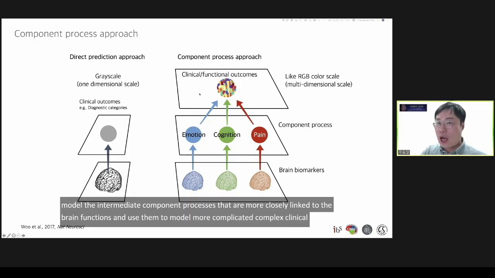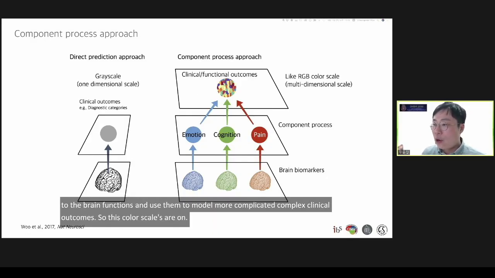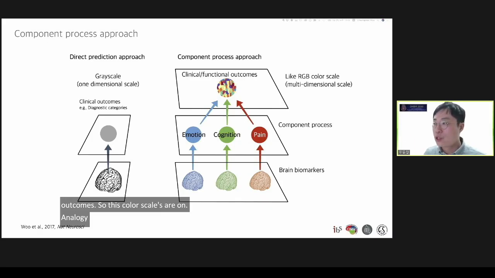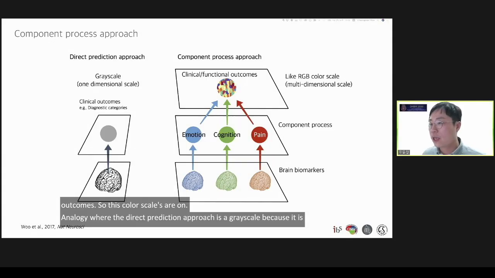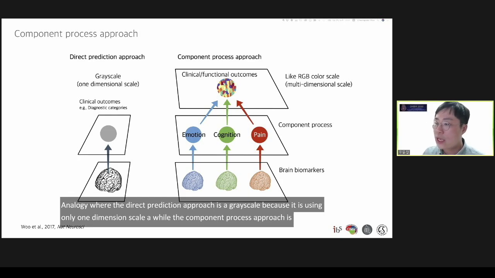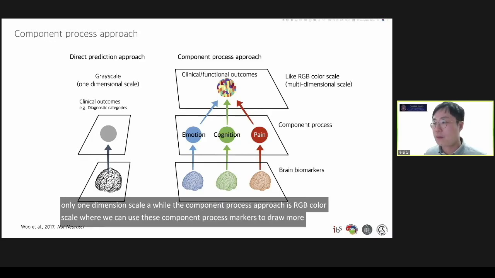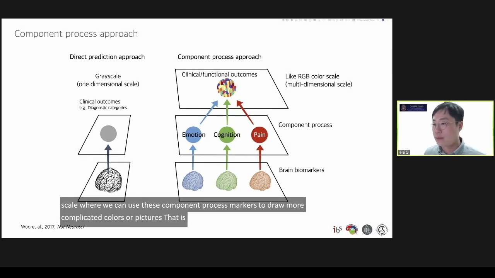These color scales are an analogy: the direct prediction approach is a grayscale because it uses only a one-dimensional scale, while the component process approach is an RGB color scale, where we can use these component process markers to draw more complicated colors or pictures. That is, the clinical outcomes.